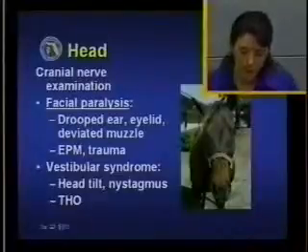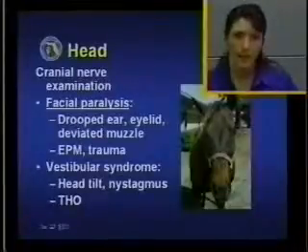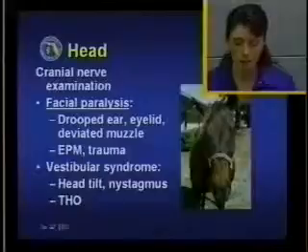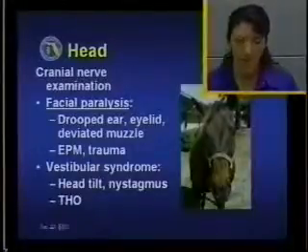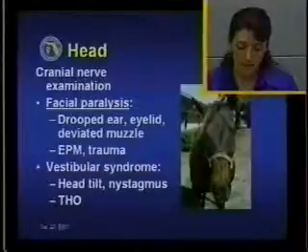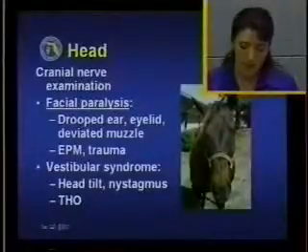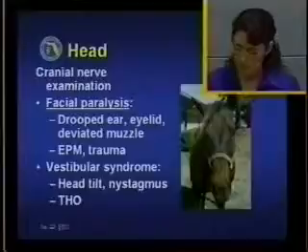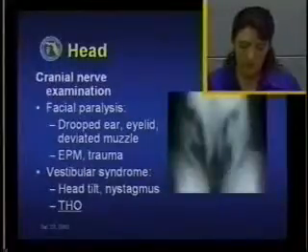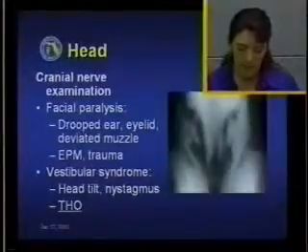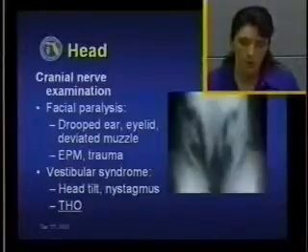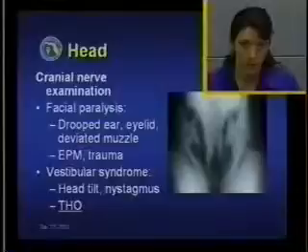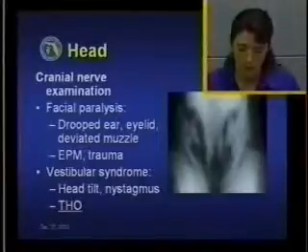Another nerve commonly affected is cranial nerve 8, the vestibulocochlear nerve, and this may result in vestibular syndrome. This syndrome is associated with a head tilt, nystagmus, and in some cases the syndrome can be caused by a fracture of the petrous temporal bone, which then results in bony proliferation when this fracture heals, that will in turn compress the nerves.